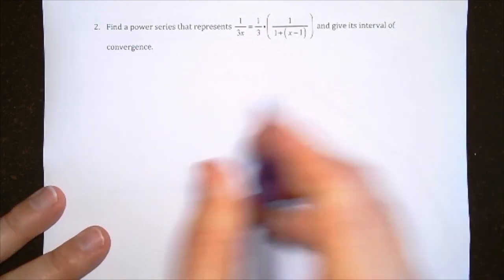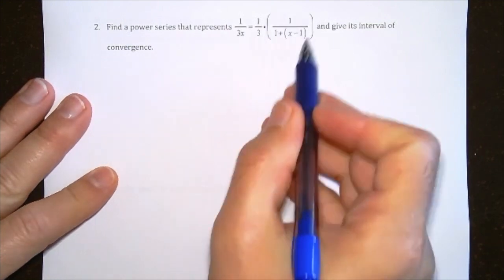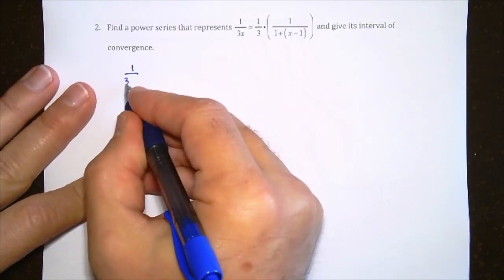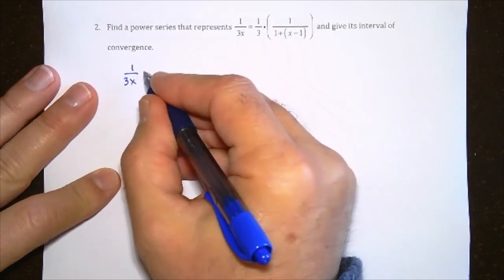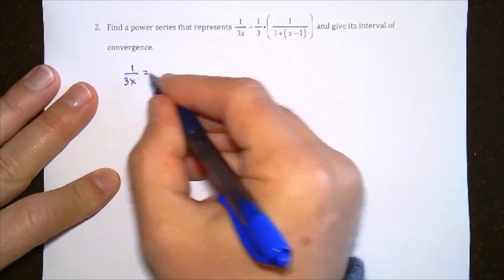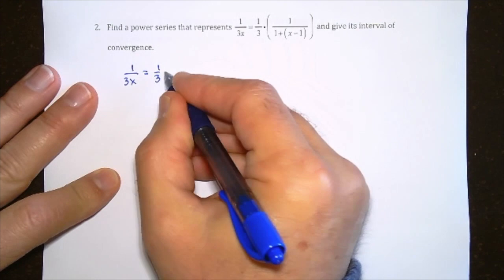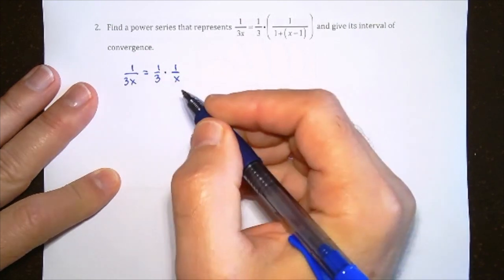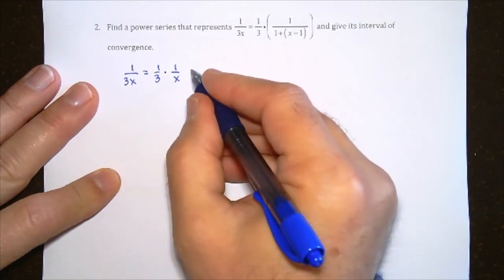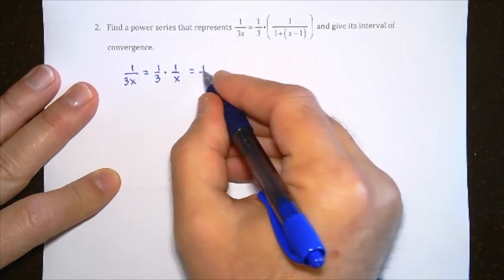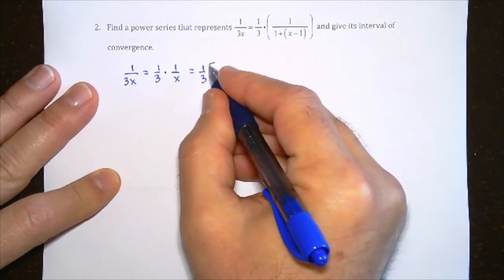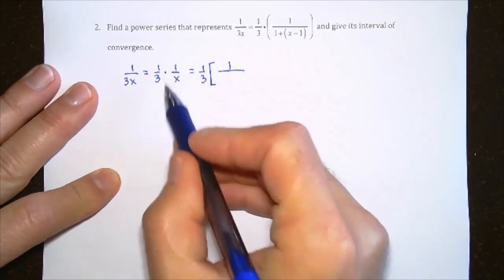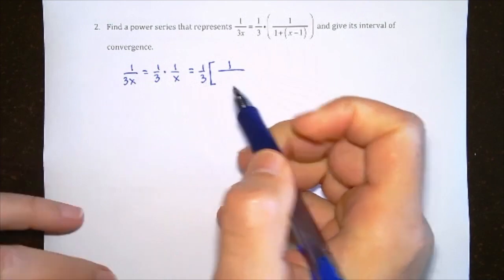Okay, so I want to talk about how we come up with this. First of all, 1 over 3x can be rewritten as 1/3 times 1 over x. Building off that, this is going to stay 1/3. I'm going to use a bracket here. And then we have 1 over, okay, so we want to make this become a geometric series.